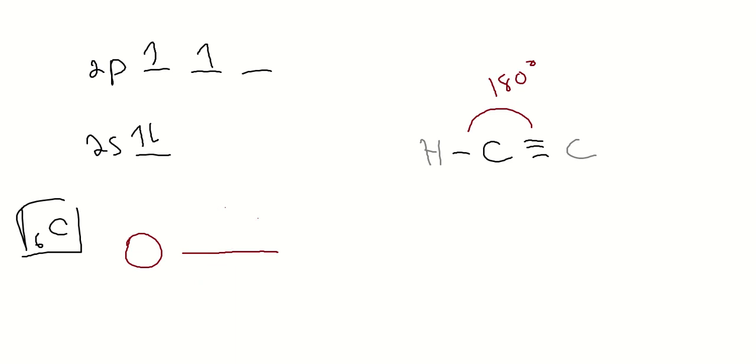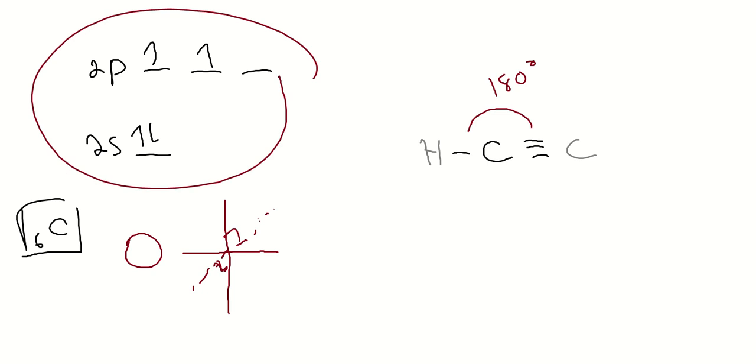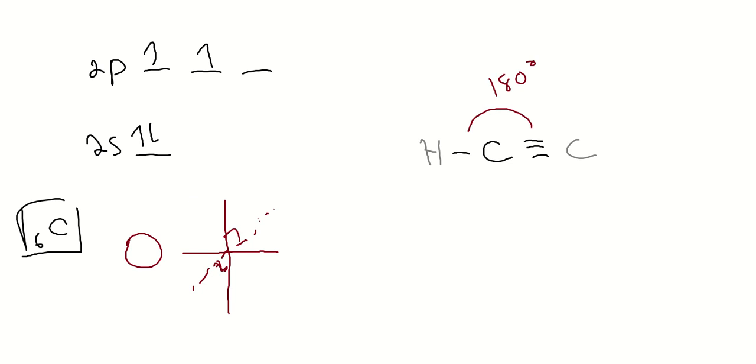X, Y, Z. They're all 90 degrees apart from each other. This one is coming right at you, in and out of the screen. So there's no way you can arrange a combination of these and get two orbitals that are 180 degrees apart from each other. So you'll have to mix two of these.